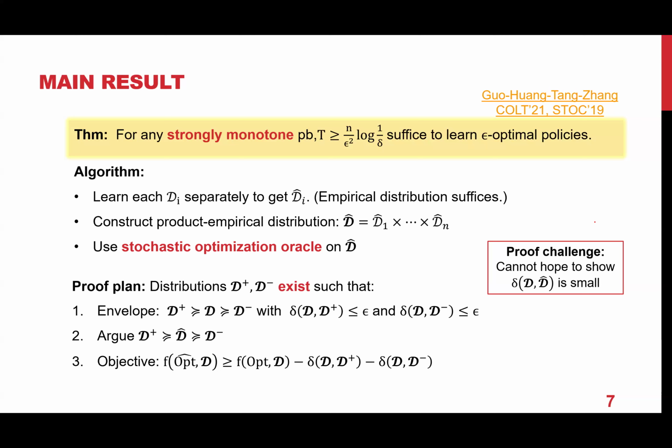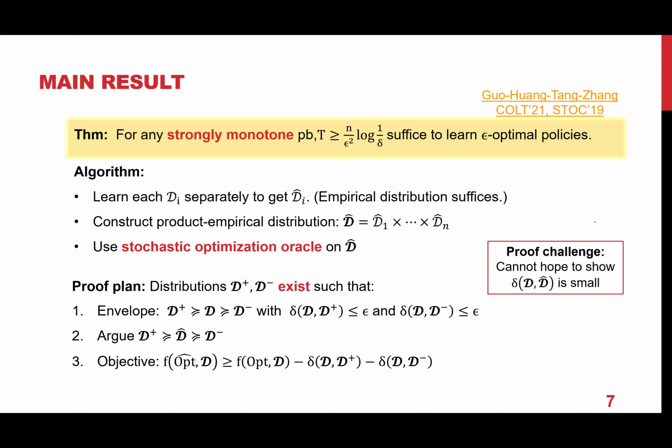You have some original distribution D. Applying something like the DKW inequality, we construct two envelopes for this distribution: an upper envelope, which I'm calling D plus, and a lower envelope, D minus, such that the original distribution D lies between these two envelopes. These envelopes are very close to the true distribution: the TV distance between D and D plus is at most epsilon, and between D and D minus is also at most epsilon.